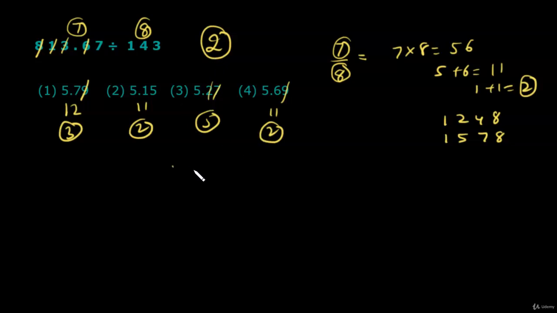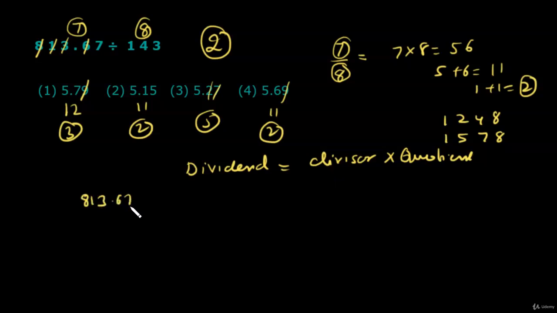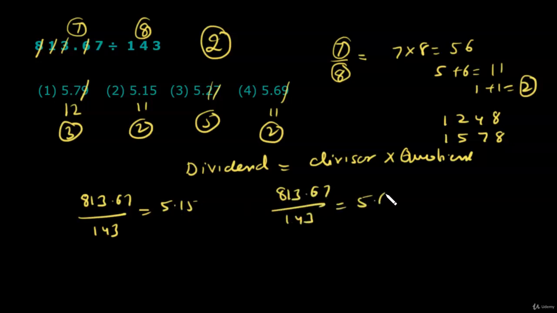For this kind of problem, we know that dividend equals divisor times quotient. Now the problem is 813.67 divided by 143. If we take this as the answer, let's see what happens. We will have to see which is the right option.